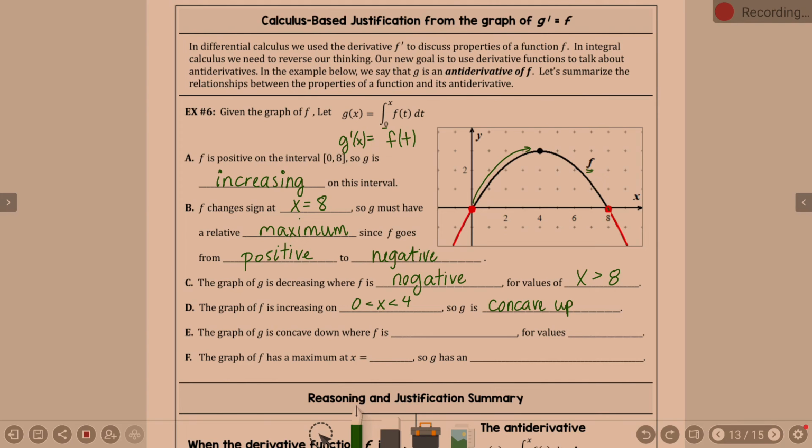And then the graph of g is concave down where f is decreasing. For what values are we decreasing? X past 4. So x greater than 4.